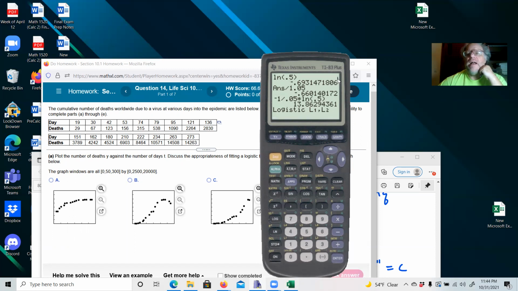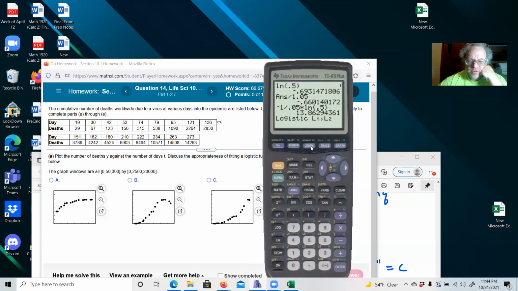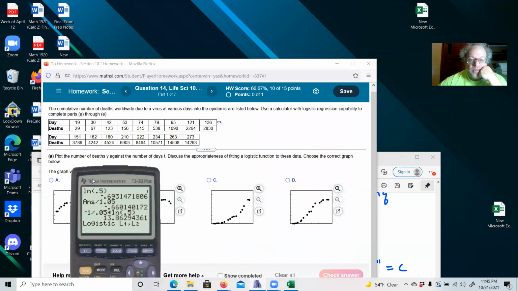It didn't instantly come back with an error, so that's helpful. They say calculator for logistic regression quantities. Okay. In any case, you know what this thing is supposed to look like.